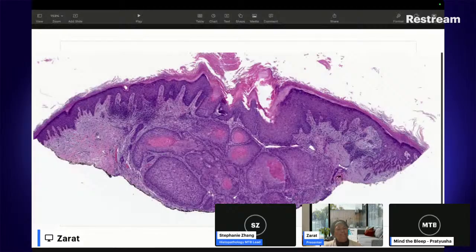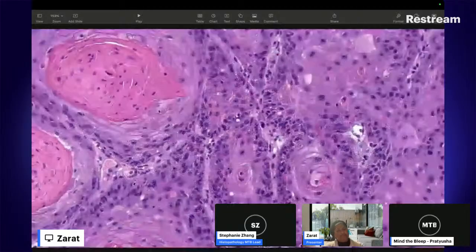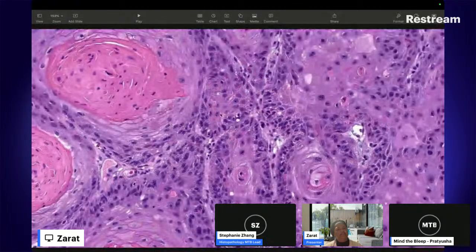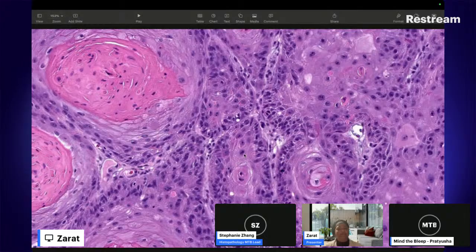And what cells are to blame here? I think you'll appreciate there's lots of pink cytoplasm and even the cells dying to produce keratin. So these are our keratinocytes. However, these keratinocytes do not look nice at all. They look ugly.